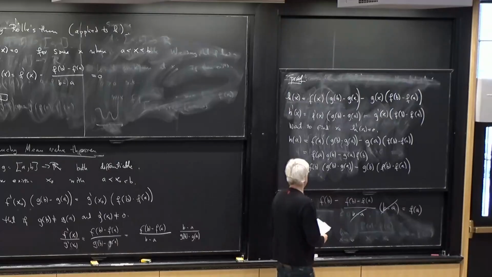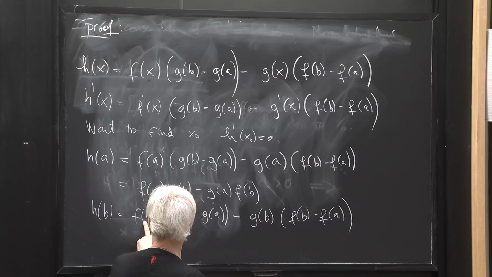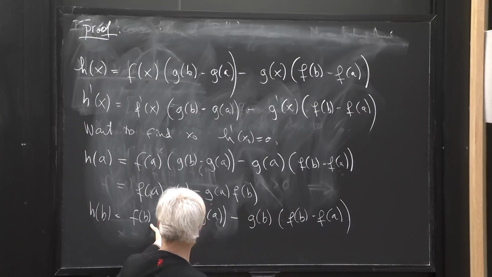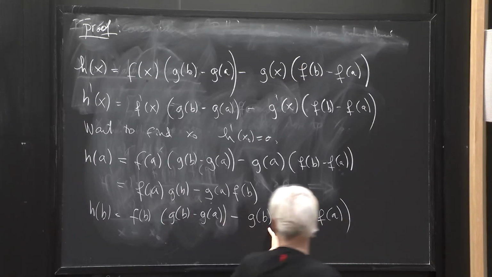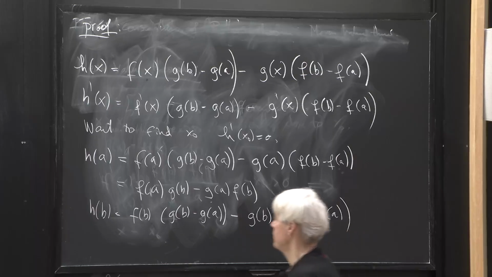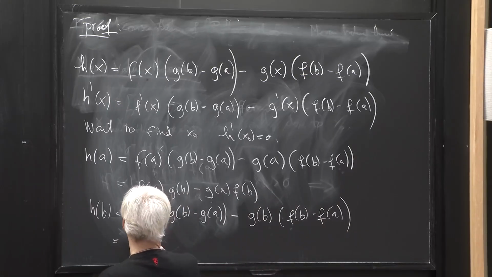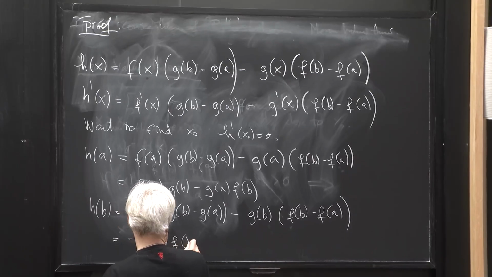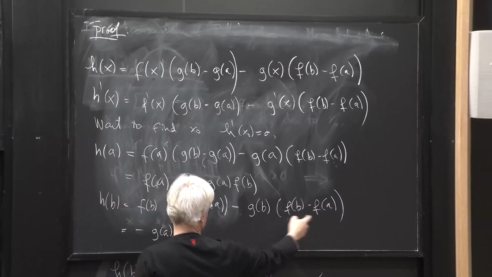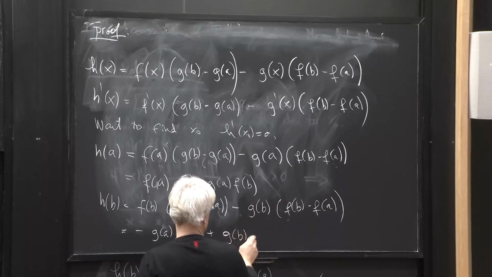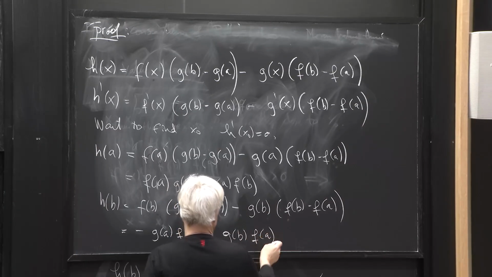And now you see that when you multiply this by this, that term, f of b, g of b, you have this over here also, but it comes with a minus sign. So those cancel out. And so the only term that lives is this one times that, so minus g of a, f of b. And then you get this term, minus minus or plus g of b, f of a.